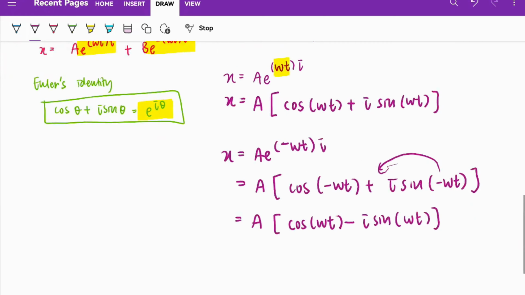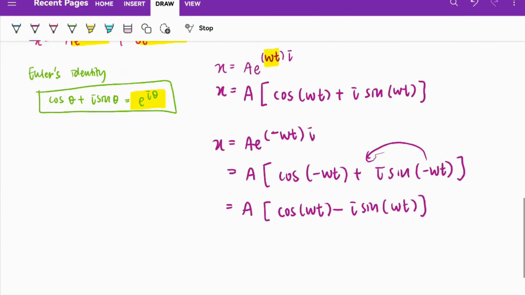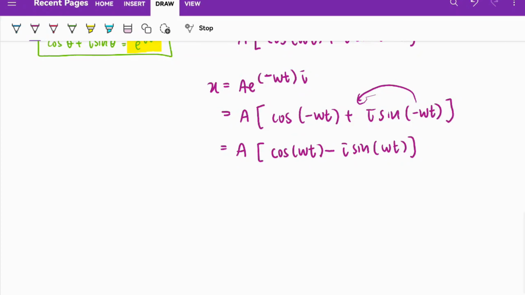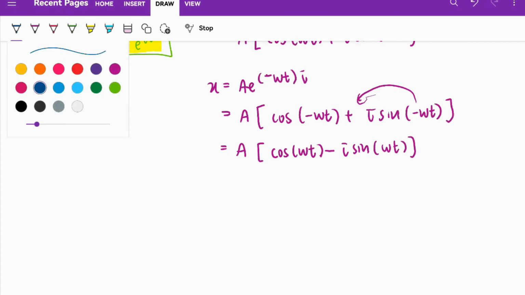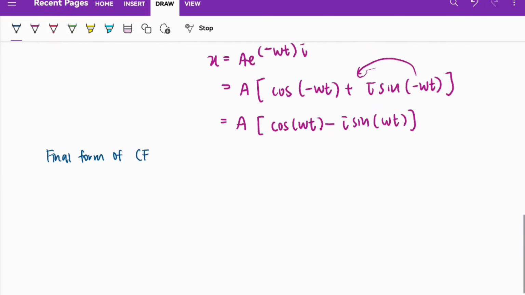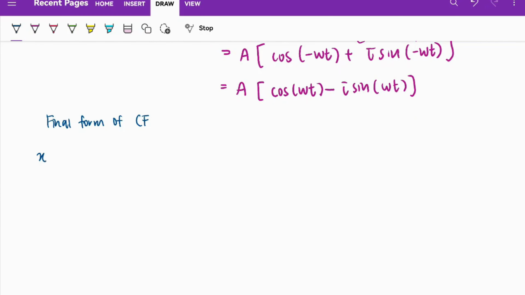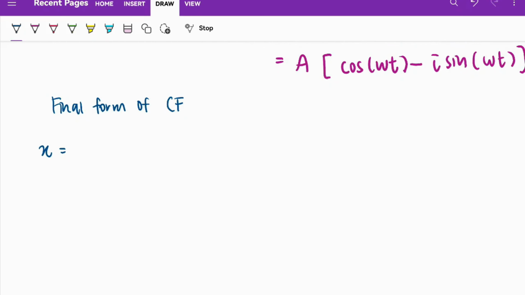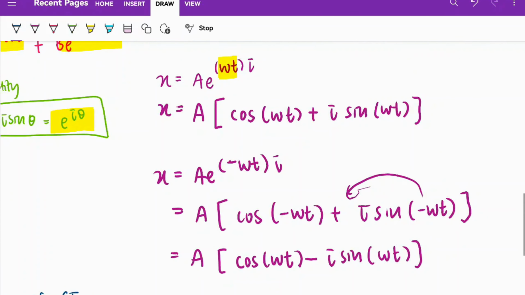Okay, now since our complementary function, we add both of them. So let me write this as our final form of CF, which is the complementary function. I just write it as short form. So x equals A cos omega t plus i sine omega t, because that's our first x here.